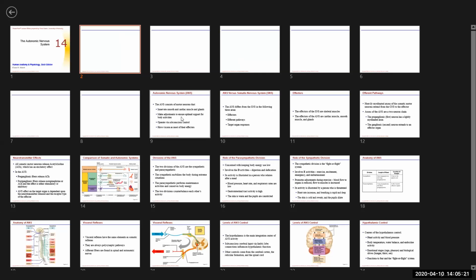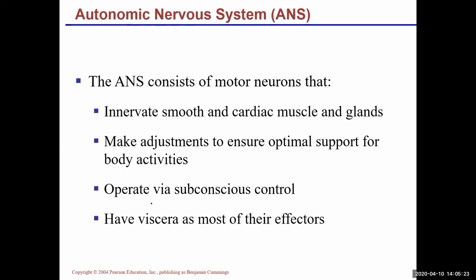Let's go ahead and take a look at the autonomic nervous system. So instead of the skeletal muscle, now the motor neuron, as we discussed earlier, coming in from the central nervous system, innervates. Innervates means it stimulates smooth muscle and cardiac muscle, and also some glands.